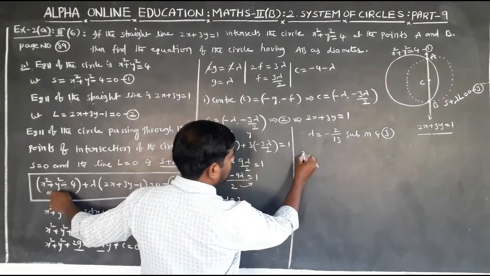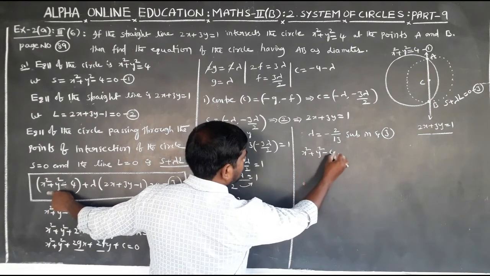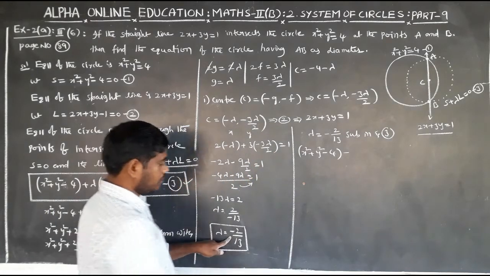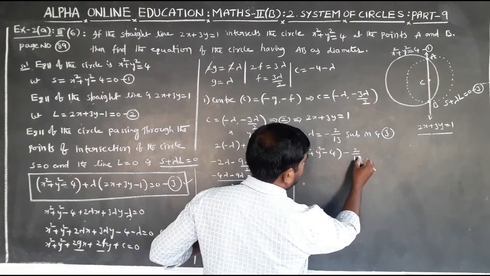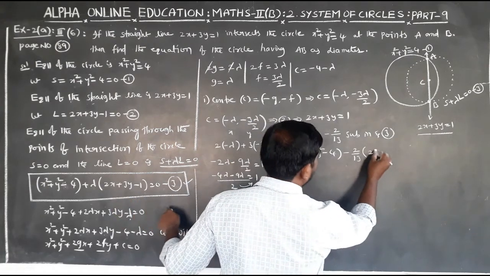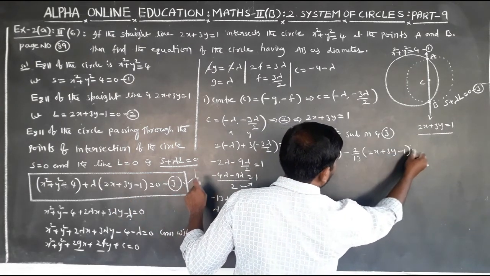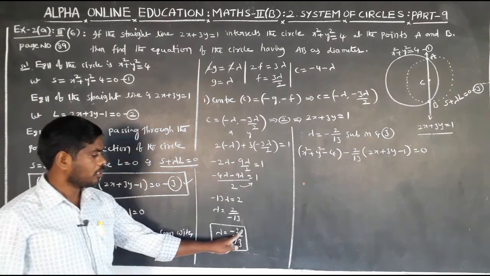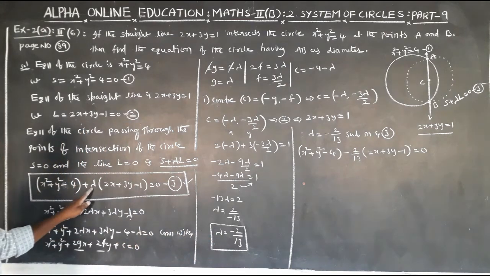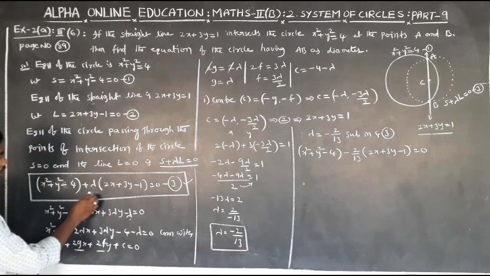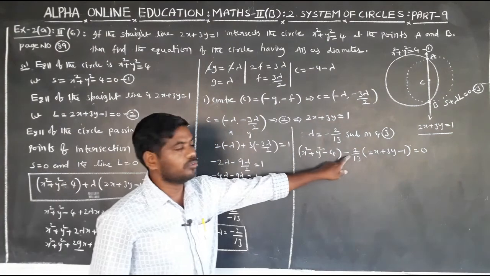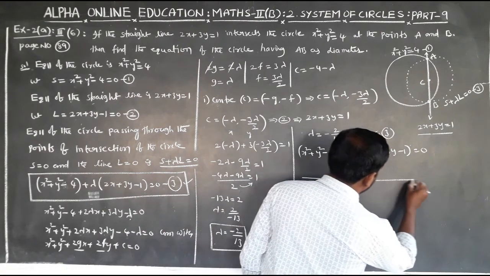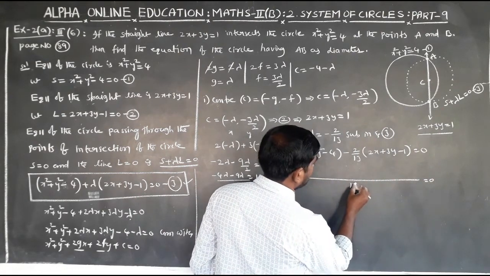The third equation is x² + y² − 4 + λ(2x + 3y − 1) = 0. Substitute λ = −2/13, and take the LCM 13.